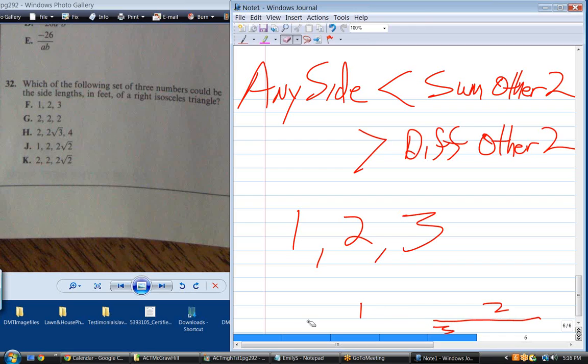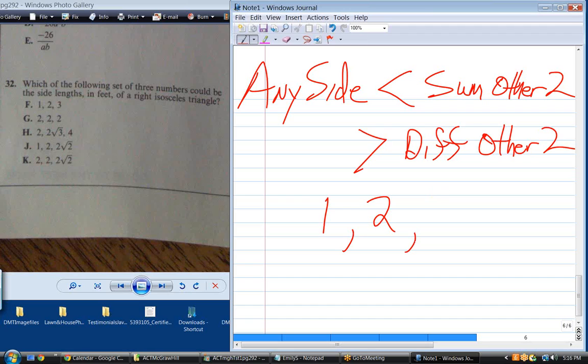So that's where this rule comes from, that any side has to be less than the sum of the other 2 and greater than the difference of the other 2. In other words, I could also not have a triangle with those sides, 1/2, because 1/2 is not greater than the difference between 2 and 1.